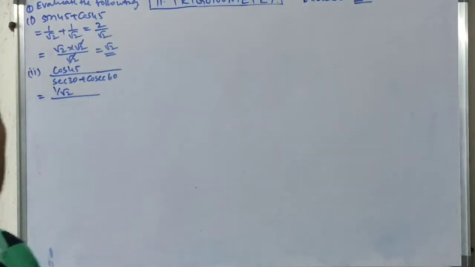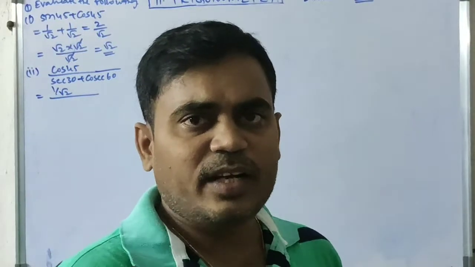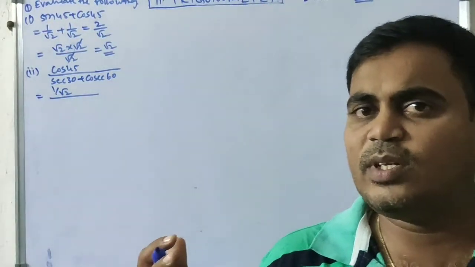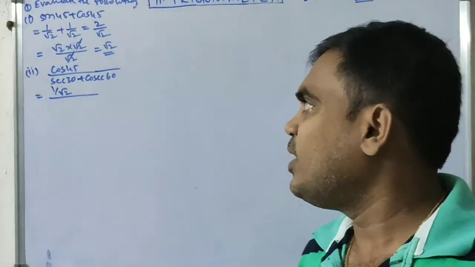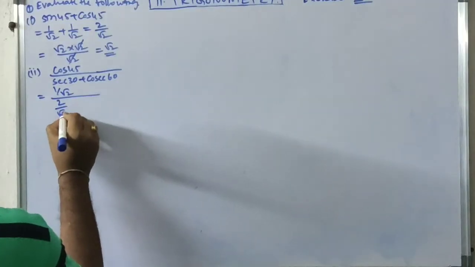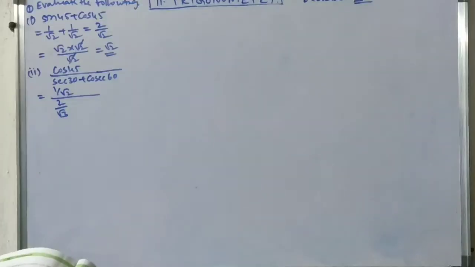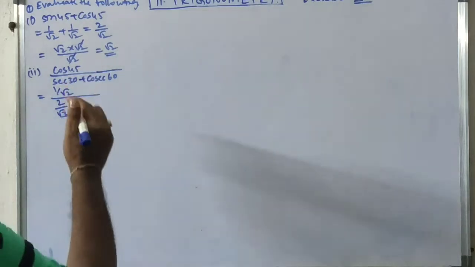Next, sec 30, which is already in the table. Sec 30 value is 2 by root 3, the reciprocal of cos 30. Cos 30 value is root 3 by 2, so sec 30 value is 2 by root 3. Cosec 60 is the reciprocal of sin 60. Sin 60 value is root 3 by 2. So cosec 60 is also 2 by root 3.